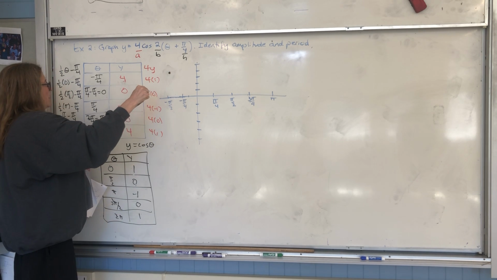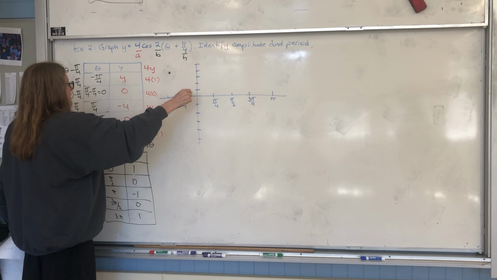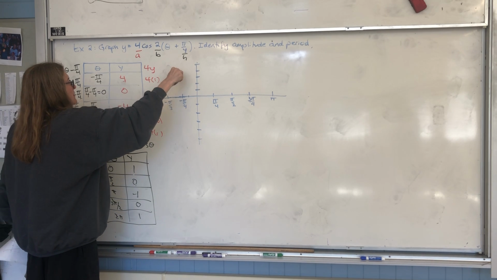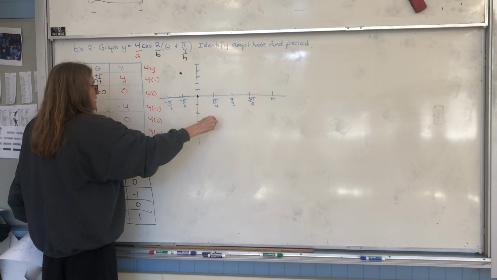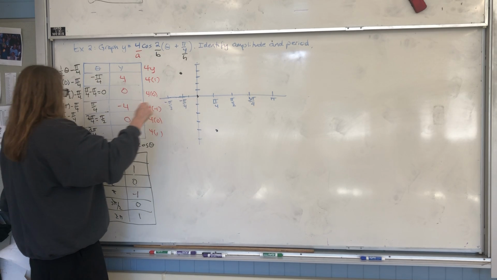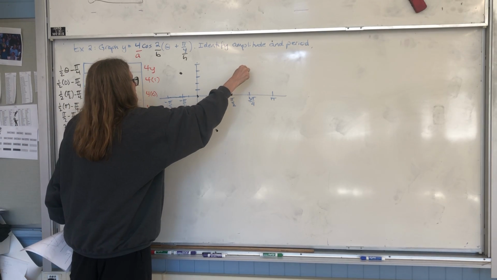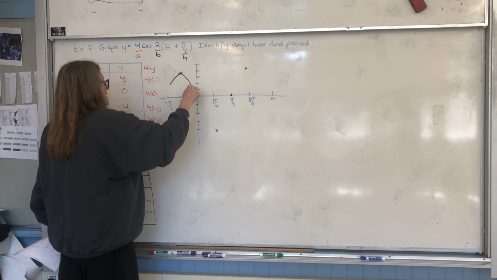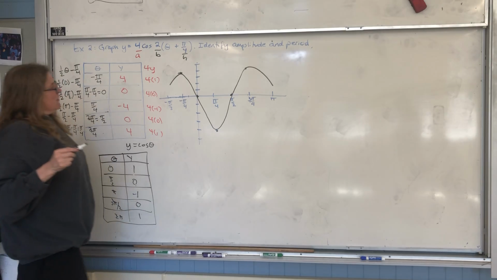Negative pi over 4 comma 4, 0 comma 0, pi over 4 comma negative 4, and pi over 2 comma 0, and I got that. Okay, so this is what it looks like. Right, and I could keep going if I want.